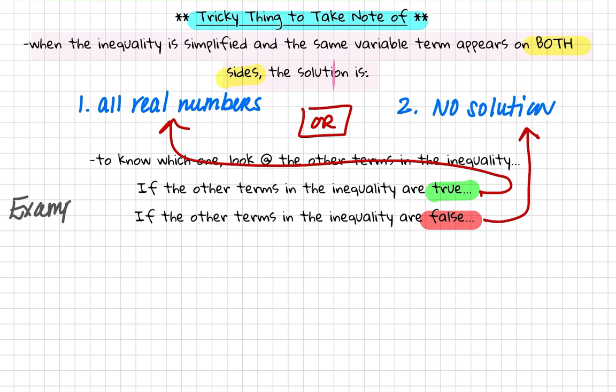Examples. So we have, let's say, x plus 5 is greater than or equal to x plus 3. You would find out when you try to do it the way we're taught to in class, that if you subtract x here, you subtract x here, you have that gone, you get rid of your variable.